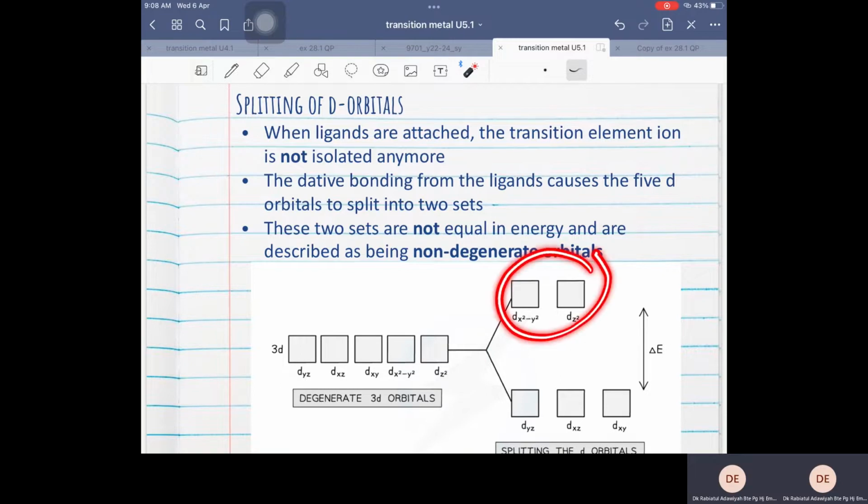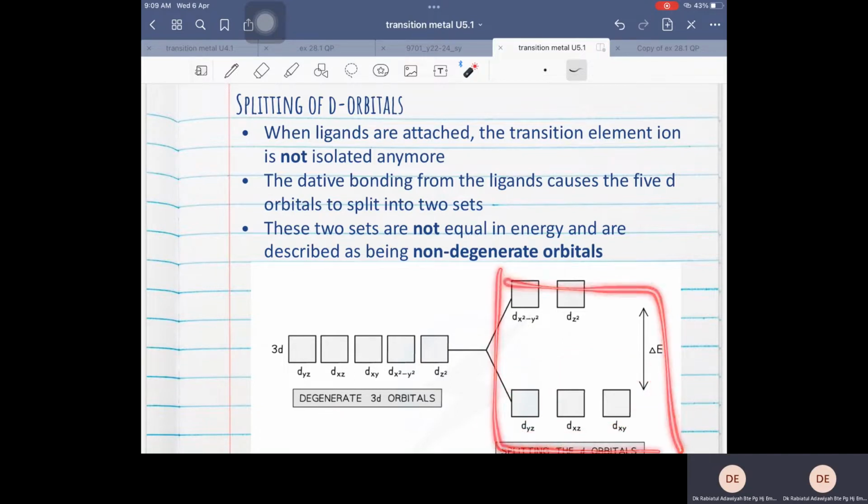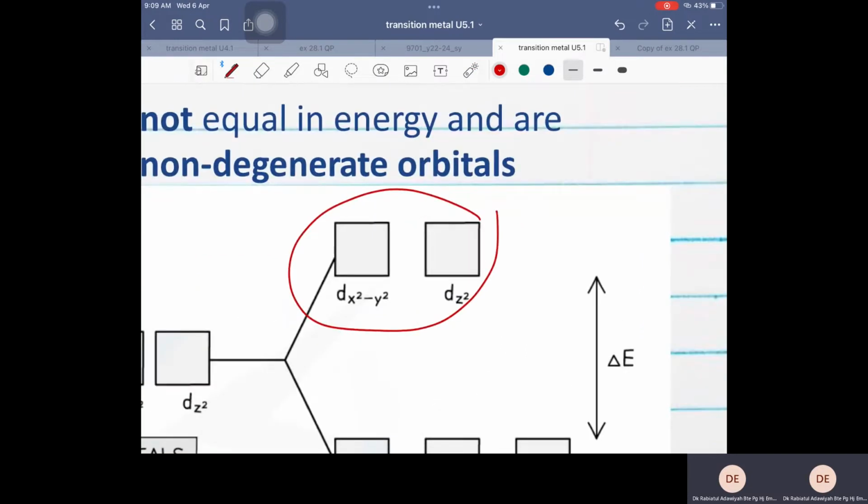The first group is the one with the higher energy level. And the second group will be the lower energy level. Actually, they are all higher than this, it's just not showing. Now this first group, if you notice, x square minus y square, z square, is the orbitals that sit on the axis.